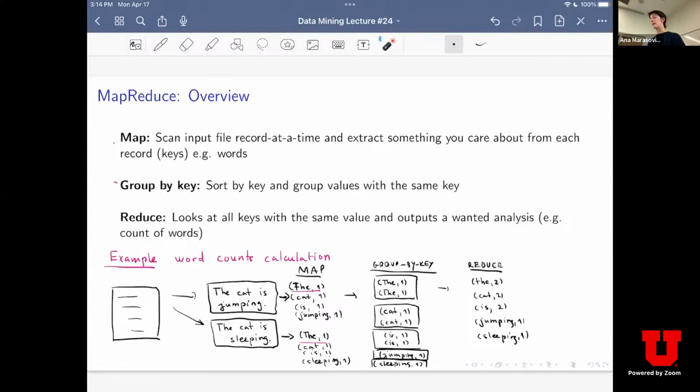That's going to be taken care of for you. And that's why the whole system is much simpler to use than if you did this whole distributed thing yourself.